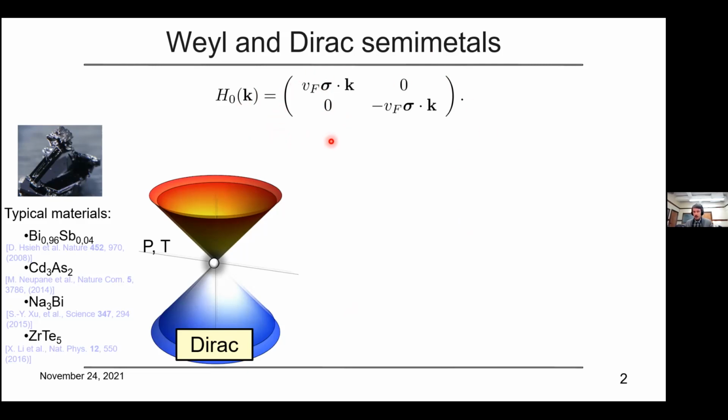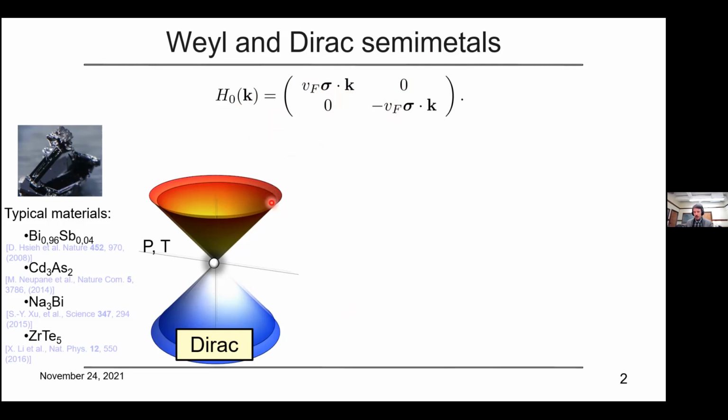It is the same as a conventional Dirac Hamiltonian for relativistic particles, albeit it has a vanishing mass. As you can see, there is no mass here. Also, it has a speed of light replaced by the Fermi velocity. And these sigma matrices act not on the real spin, but rather on the effective pseudospin degree of freedom. And of course, k is the momentum here.